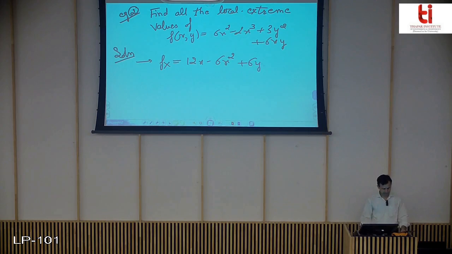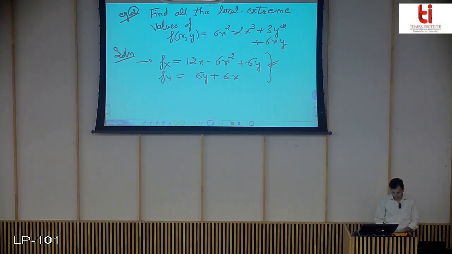With respect to y, it is 6y plus 6x. So clearly you can see the partial derivatives exist for all x and y. So we must look for the extreme values at points where these partial derivatives are simultaneously 0. For undefined, there is no case, because they are defined for all x and y.